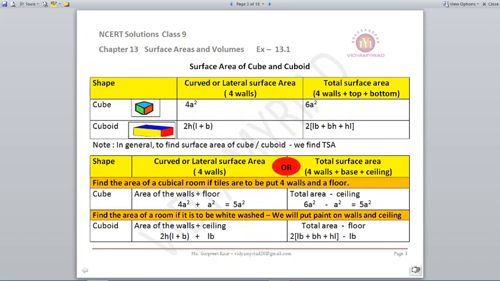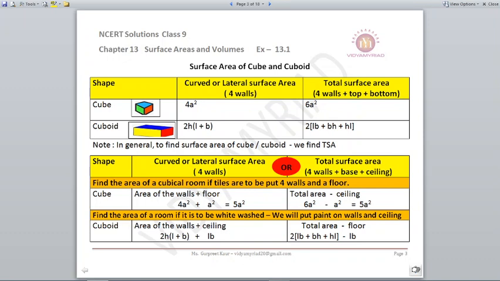Now if I want to use the formula of curved surface area of cuboid, in that case I will add the ceiling, because the ceiling also I am painting. And what will be the area of the ceiling? Length into breadth. Or if I want to use the total surface area formula, then in that case I have all the 6 sides.